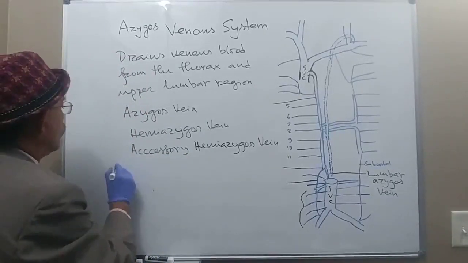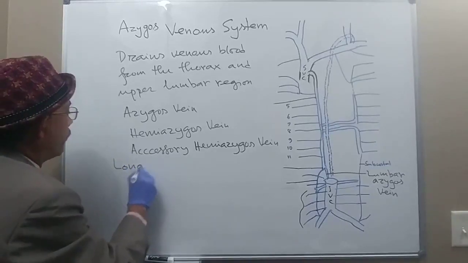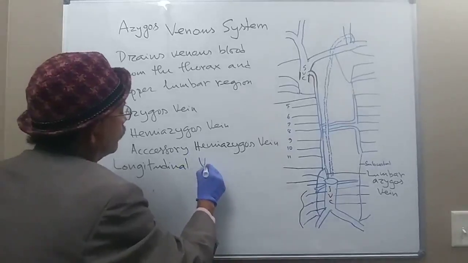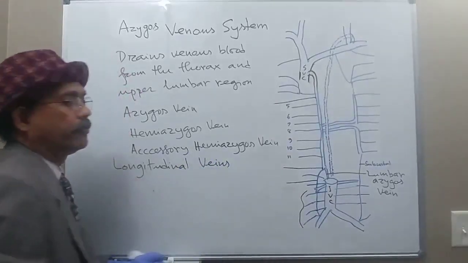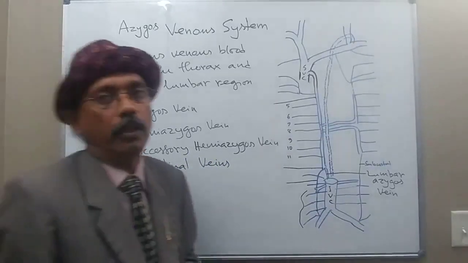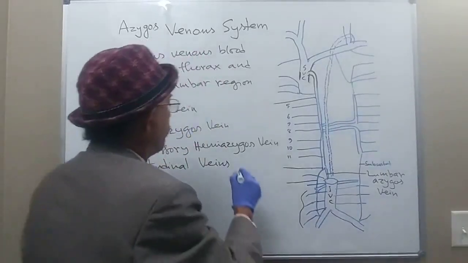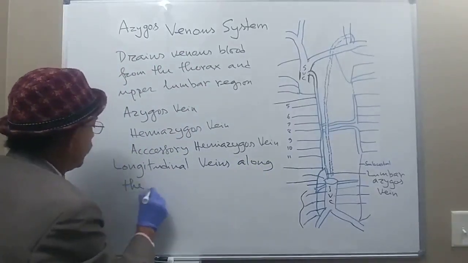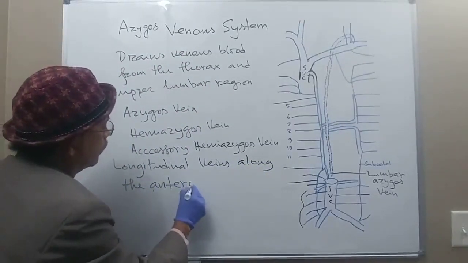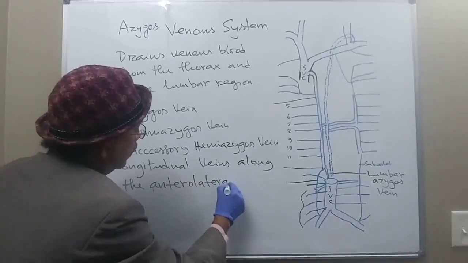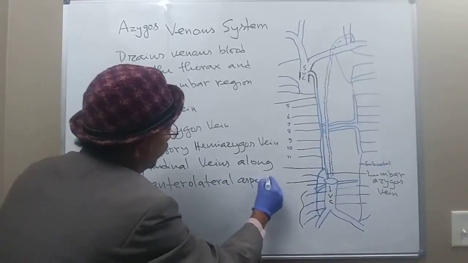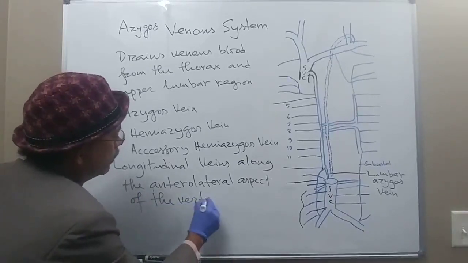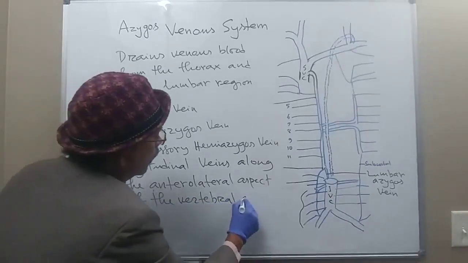These are longitudinal veins along the anterolateral aspect of the vertebral column.